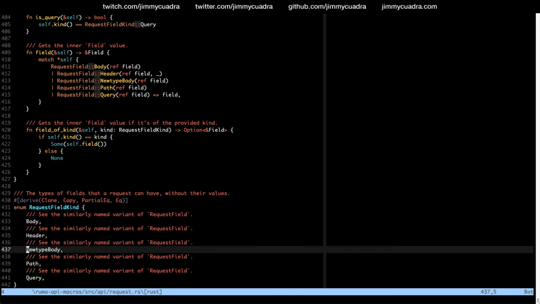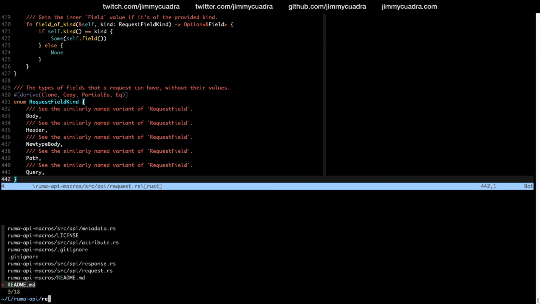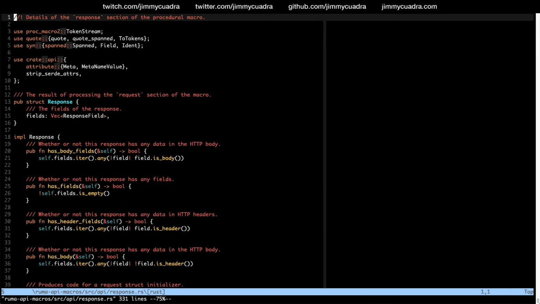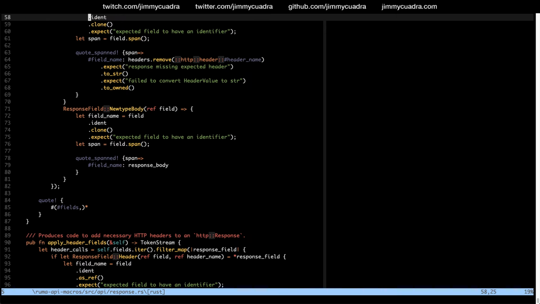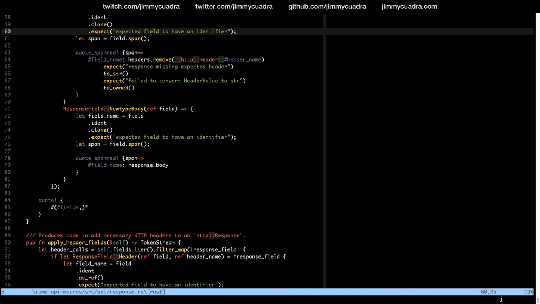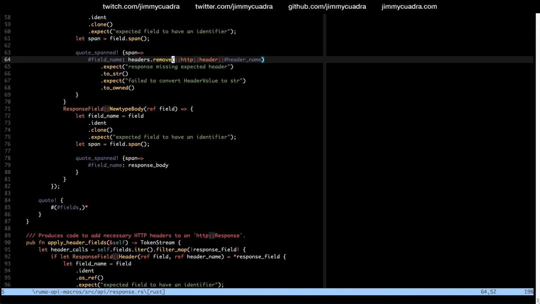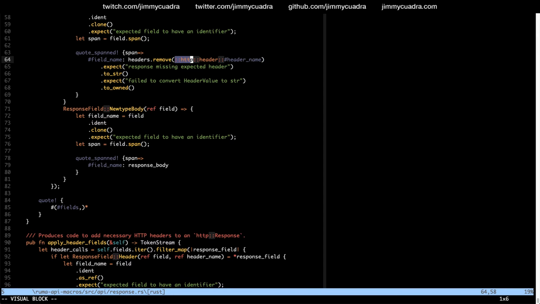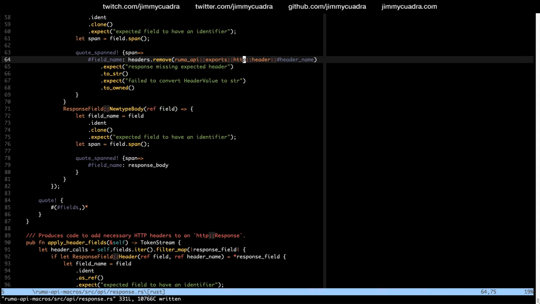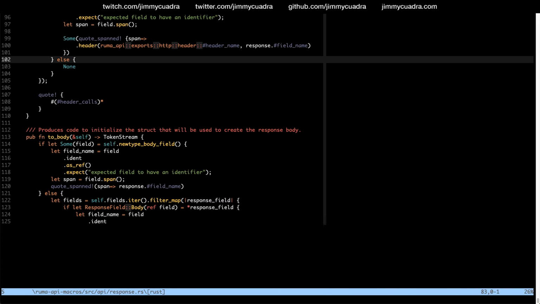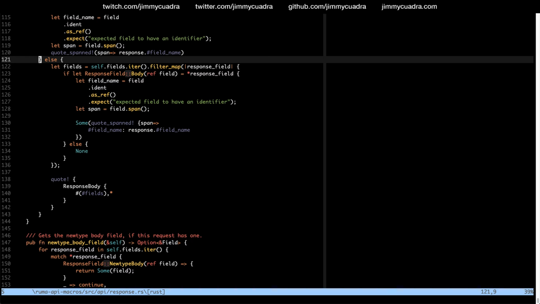Looks like it. Okay, so let's look at response also and make sure we've got the same thing. Anything here that references... yep, there's HTTP. So this also needs to be Ruma API exports HTTP. And that's the one I think it was complaining about.